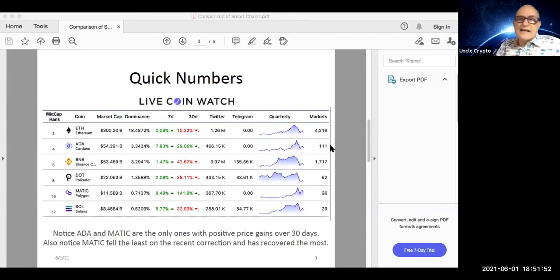And again, if you're looking at coins and you want to get an idea of maybe where is their demand, where there are coins that are going to go up, their price is going to go up, you would think that the more demand, the more markets that would carry the coin, because the exchanges and the markets make money when people buy the coin.